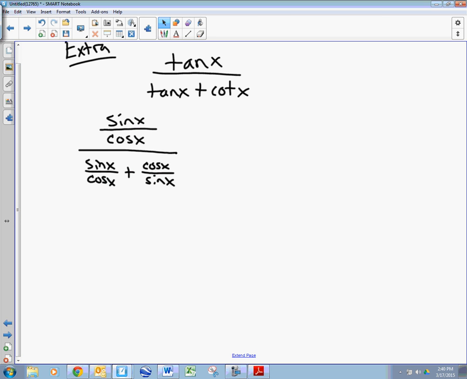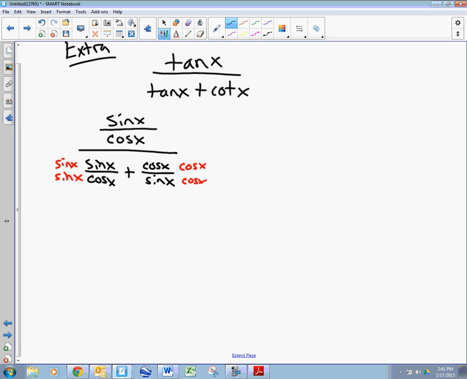In order to simplify a complex fraction, I should have one fraction in the numerator and one fraction in the denominator. I currently have two fractions in the denominator, so I need to find common denominators. Multiply top and bottom by cosine on this side, and by sine on that side. What's my new denominator? Sine of x times cosine of x.